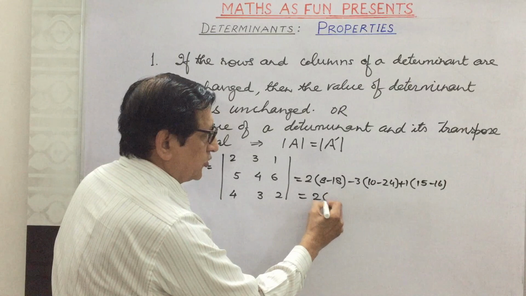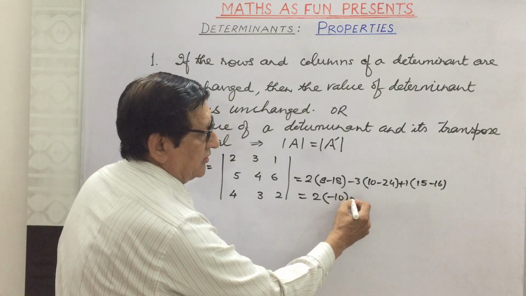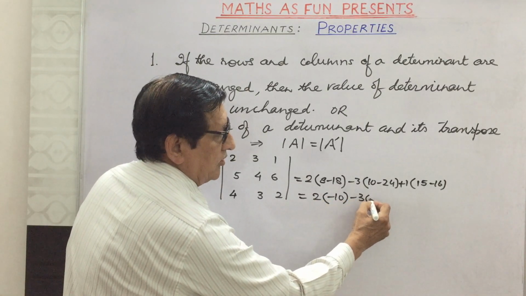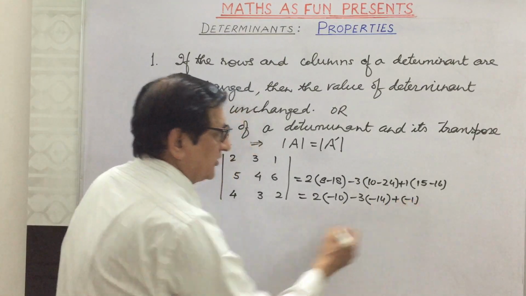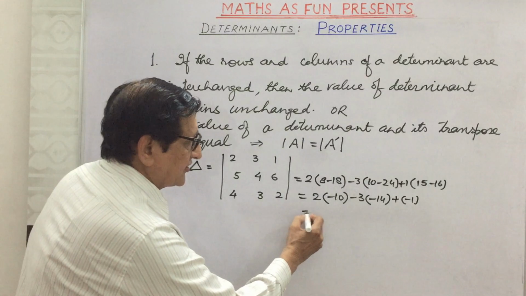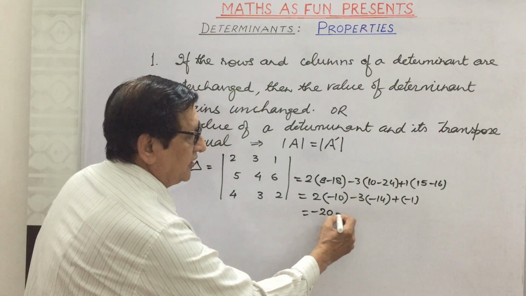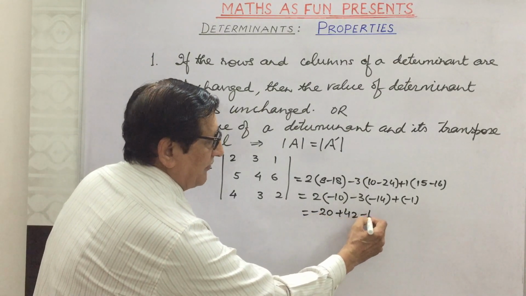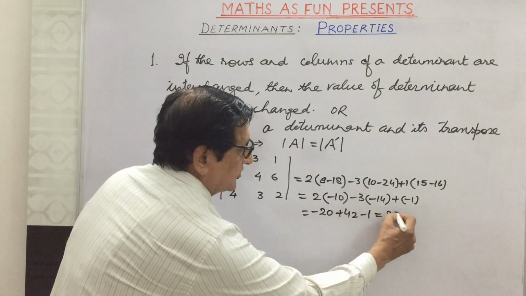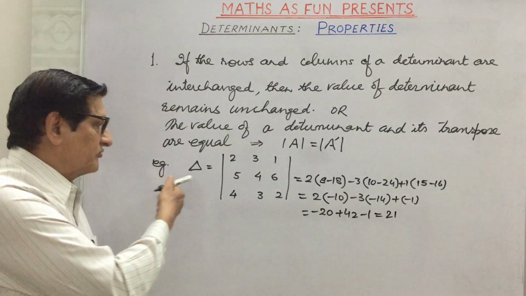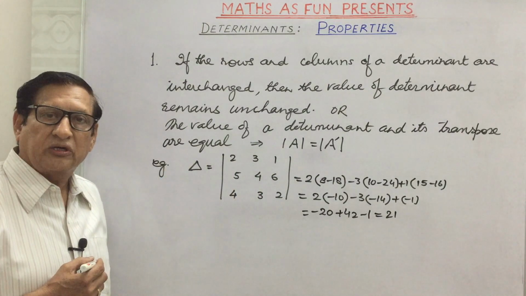This is 2 into minus 10, minus 3 into minus 14, plus minus 1. If we simplify, this comes as minus 20 plus 42 minus 1. 42 minus 21 is 21. So the value of this determinant is 21.